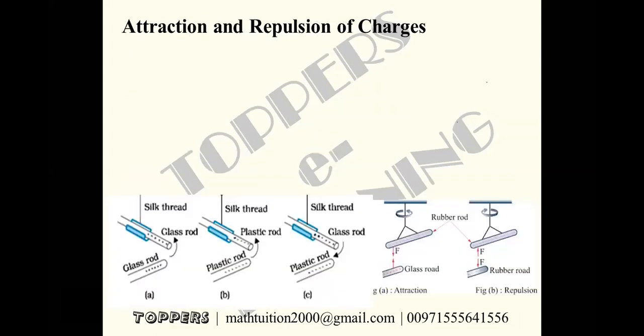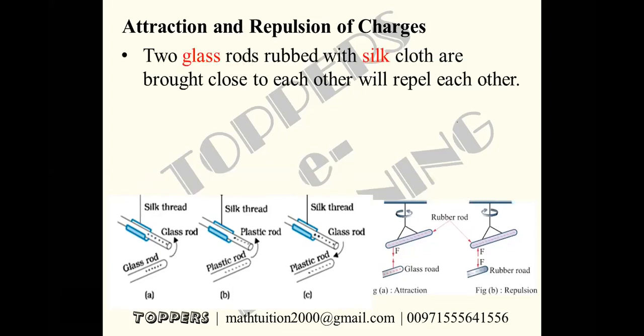Fine. Now, attraction and repulsion of charges. Two glass rods rubbed with silk cloths, when brought close to each other, will repel each other. Now we have two glass rods. We are rubbing these two glass rods with silk cloth.